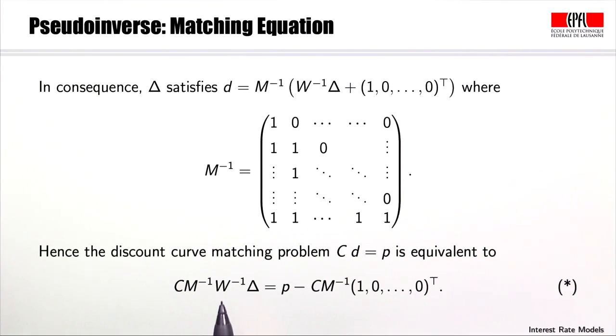W is the diagonal matrix consisting of the weights derived from the maturity dates. P is the vector of market prices. Again, there are more unknowns than there are equations.